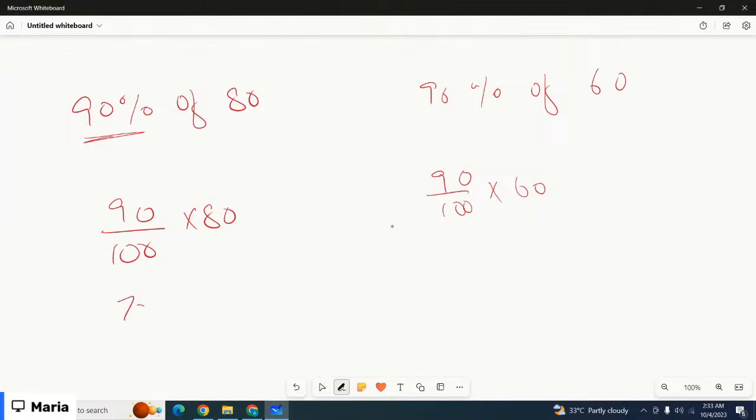When you do the calculations, it would be 72, and that would be 54. So which is greater? Obviously 72 is greater, right?